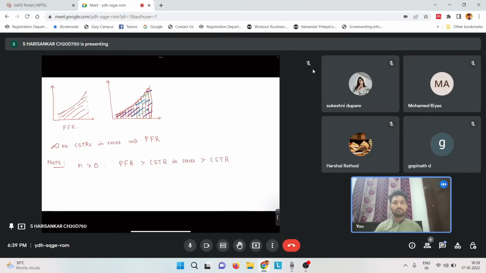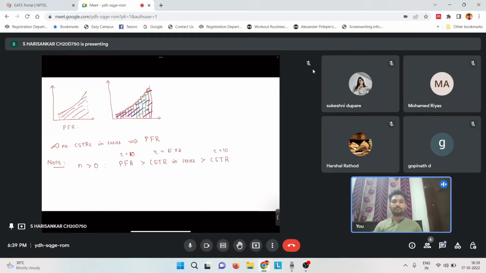So if you have a PFR of, let's say, 10 meter cube or a space time of 10 units, and if you have CSTRs in series, let's say 5 CSTRs in series with a space time of 2 each, and then a CSTR with a space time of 10. So I'll write it here. Space time of 10, 5 CSTRs of 2 space time each, and then a CSTR also with a space time of 10.